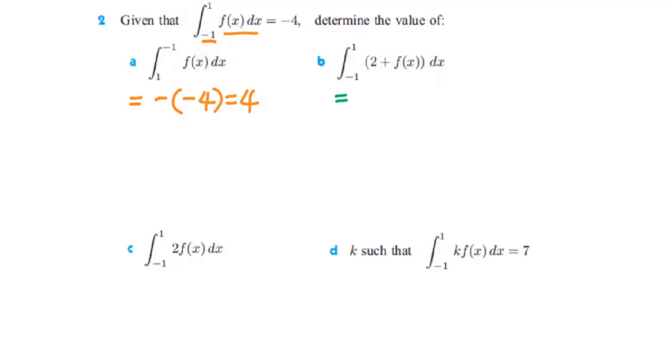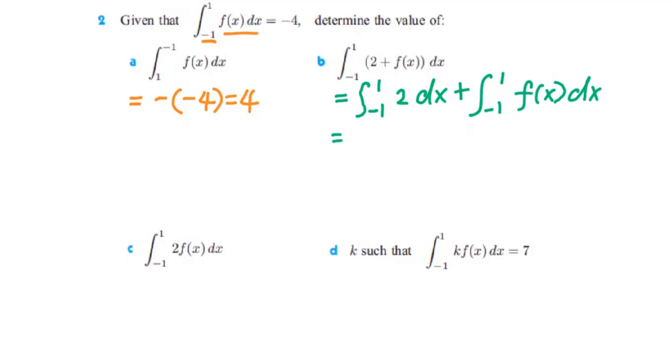For B, we can separate it as the integral from -1 to 1 of 2 dx plus the definite integral from -1 to 1 of f of x dx. We work this out, it will be 2x from -1 to 1, then plus -4.